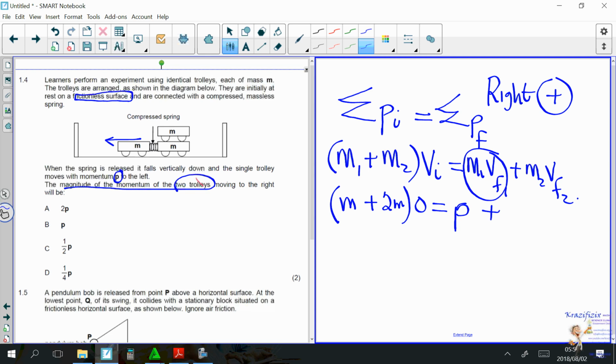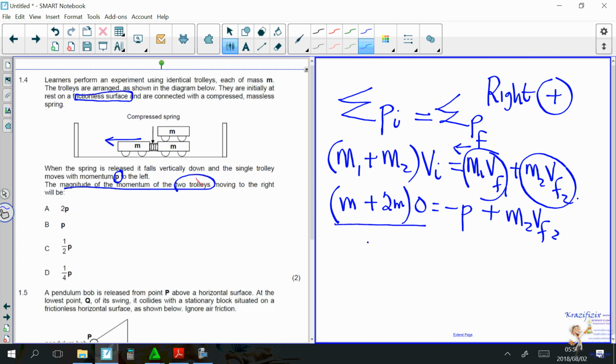Now what is the momentum here? We're just going to leave this like this. m2. Remember now that this small one moves to the left, so we should have a negative p there. Let's write this carefully. Negative p. Negative because it's moving to the left.